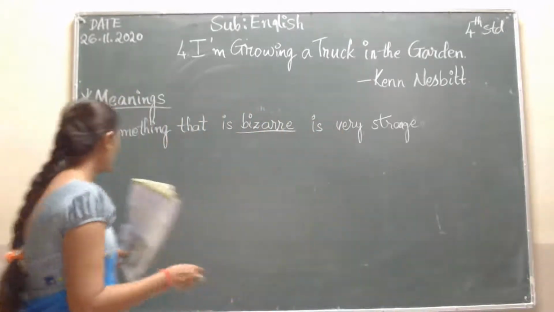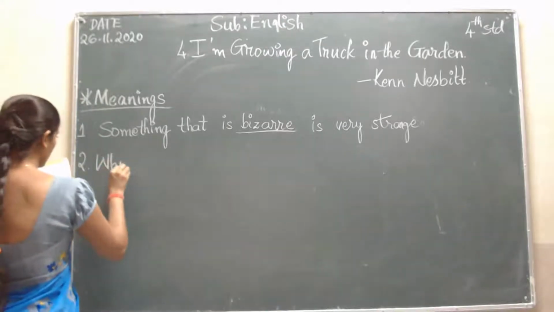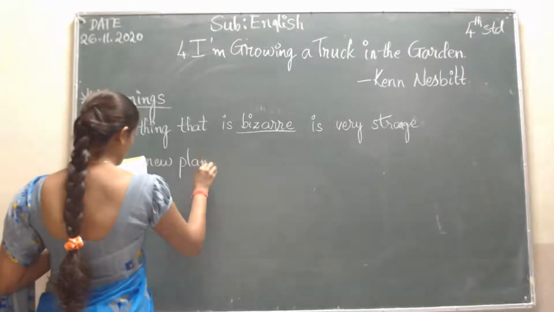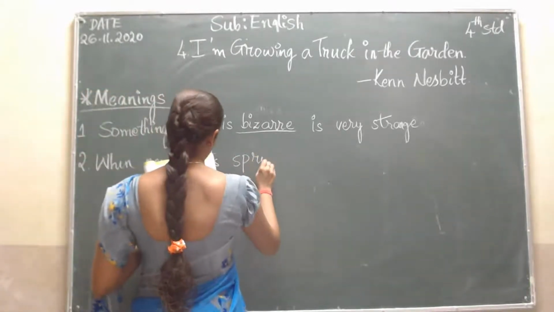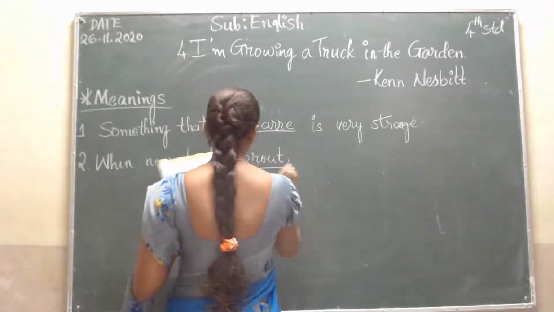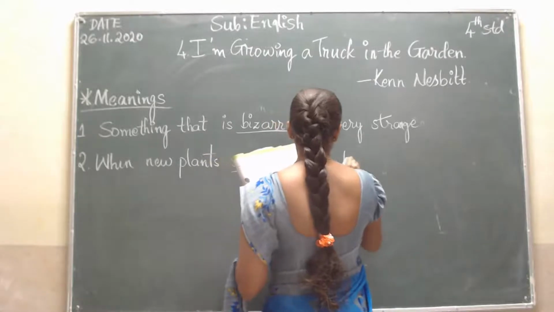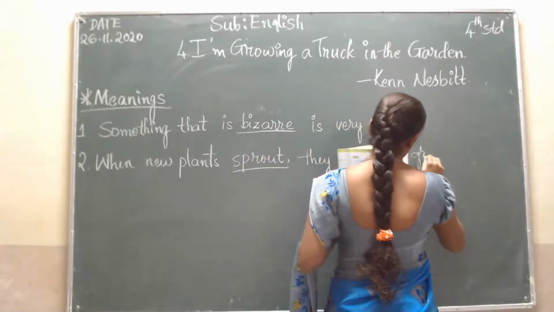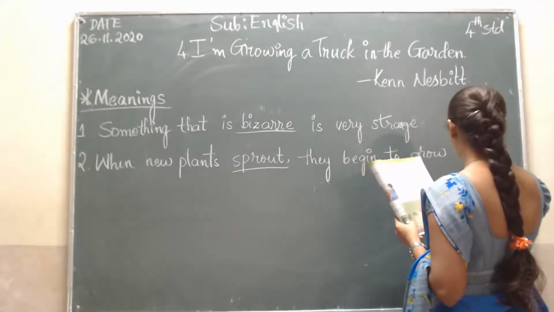The meaning of sprouting is... When new plants sprout, they begin to grow above the surface.